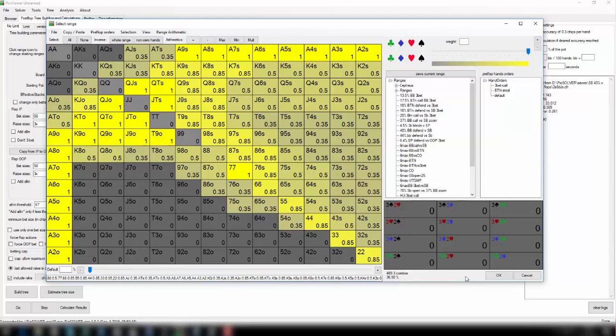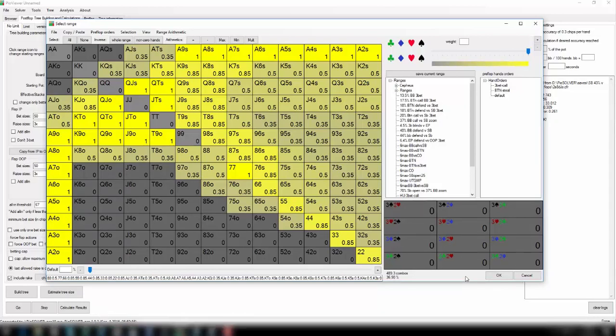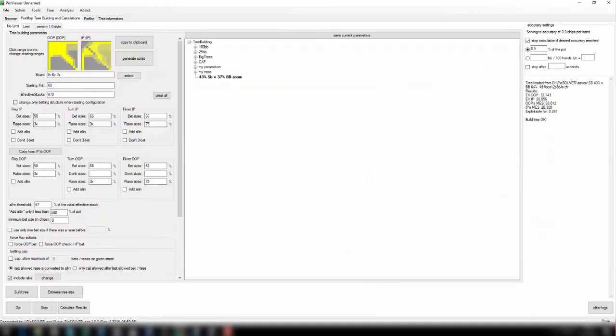But what if we choose to open significantly wider than that? What if we're in the small blind and we choose to open more like 70% in order to exploit this fairly low defend percentage by the big blind that we're seeing?